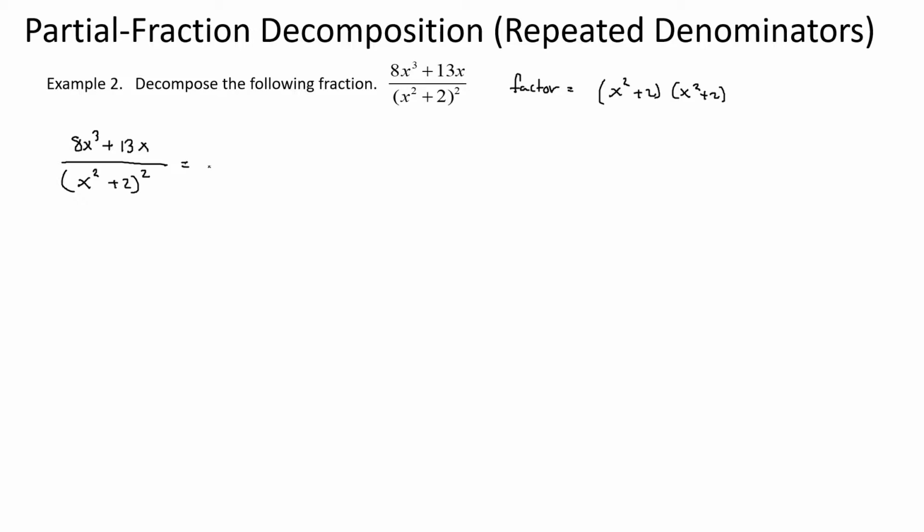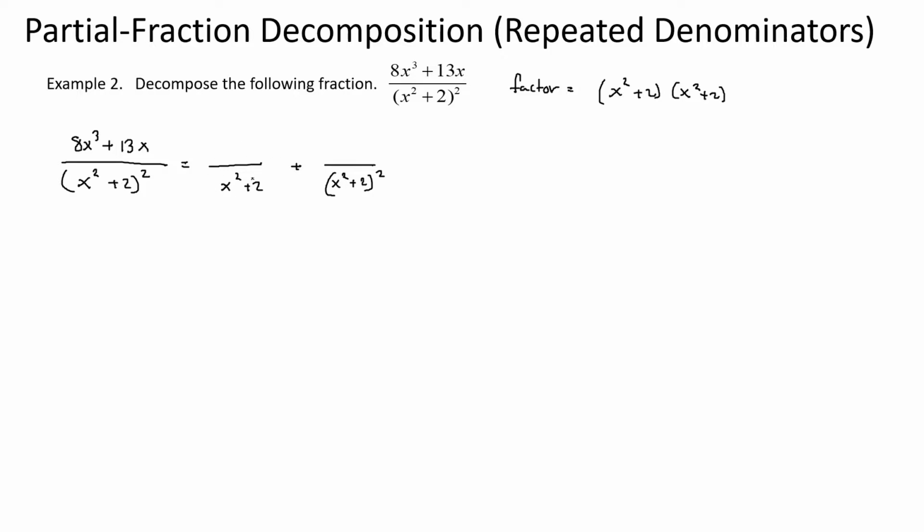This should equal, once again, two fractions because there are two factors. First one is x^2 + 2. And because it's the second one, you'll have a second power, a power of 2. Keep in mind, both of these denominators are technically quadratic, even though the second one might look like x to the fourth power.